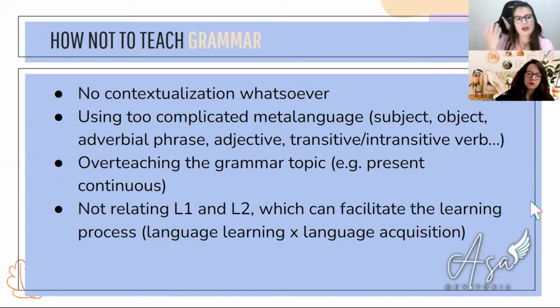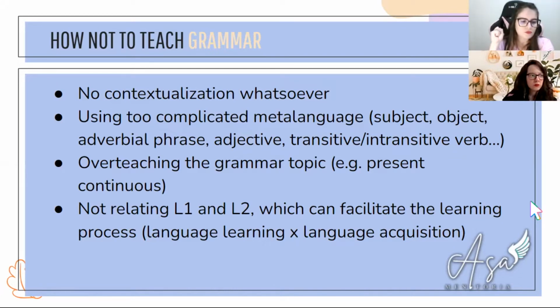L1 is our mother tongue, the first language that we acquire in life, and L2 is another language that you learn, right? And why is it a problem not to relate both languages? Because this can facilitate the learning process, right?